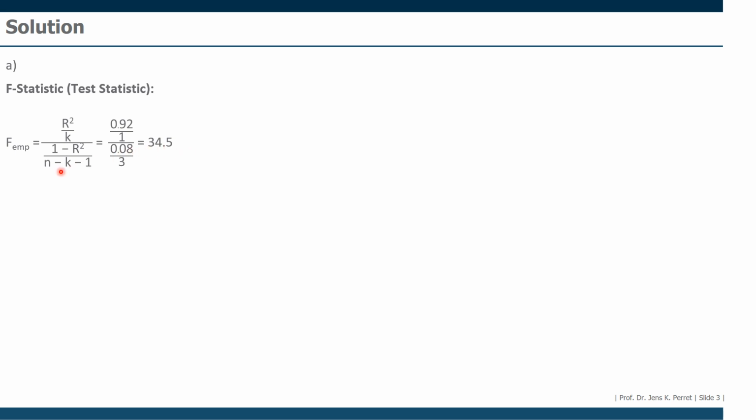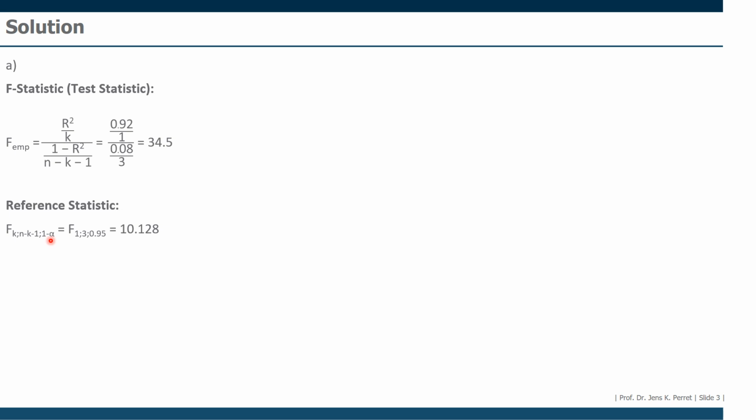Now we need a reference value to compare this test statistic to. This reference statistic for the F-test is given as F(k, n minus k minus 1; 1 minus alpha). Well, the k we know from up here, that's 1. Then we have n minus k minus 1, that's a 3 from down here. And we have 1 minus alpha.